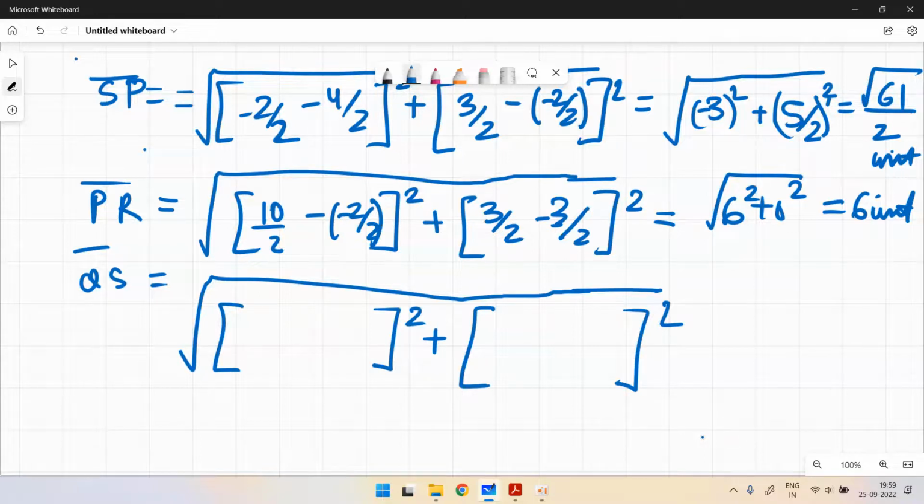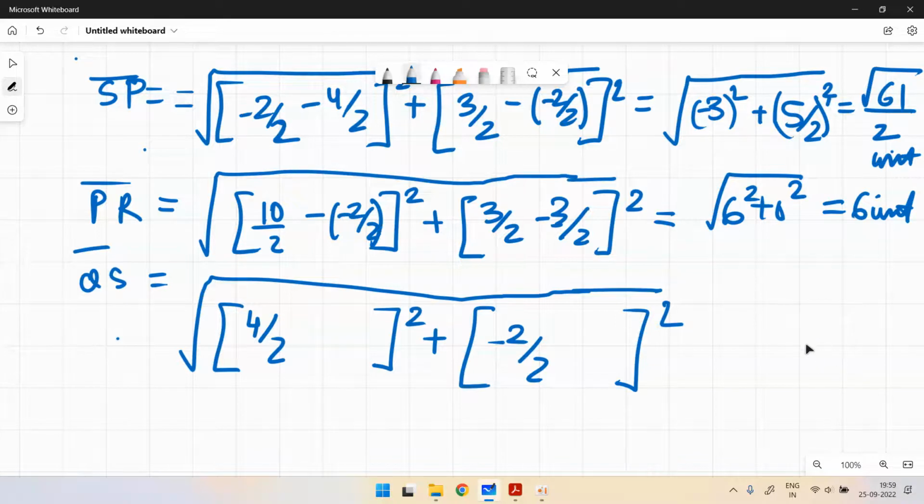So P here, this is minus of S. Minus 2 by 2 was for S. This cube.